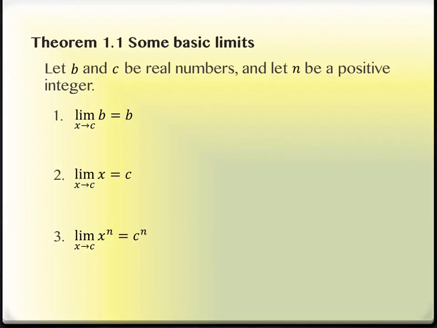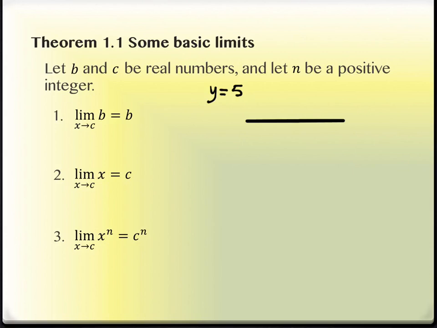So the first thing that we're going to look at is some basic limit properties. And we can kind of justify these from what we've already learned in section 1.2 about graphs and numerical tables, right? So if you have the limit as x approaches c of a constant, think about the graph of y equals, and we'll make up a number, 5. It looks like a horizontal line, right?